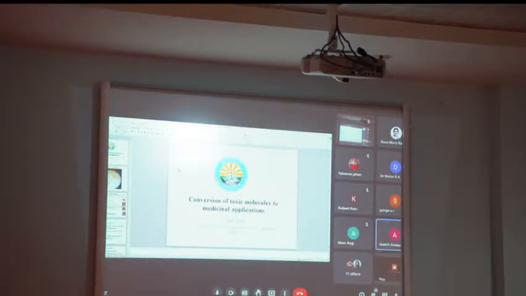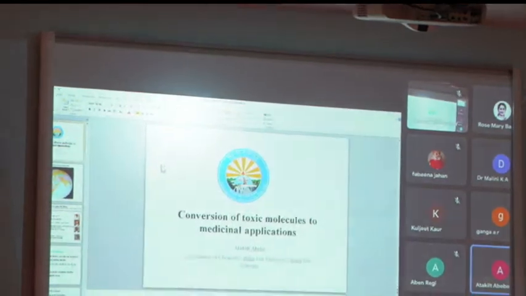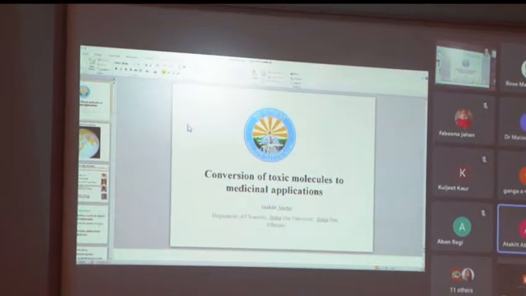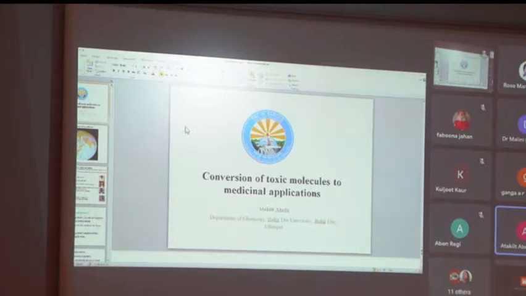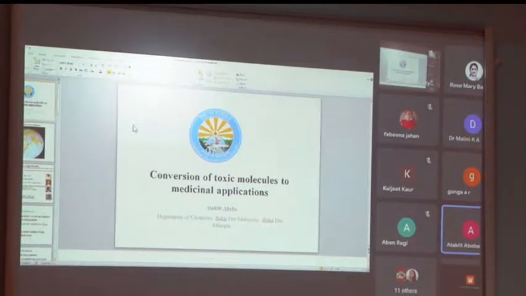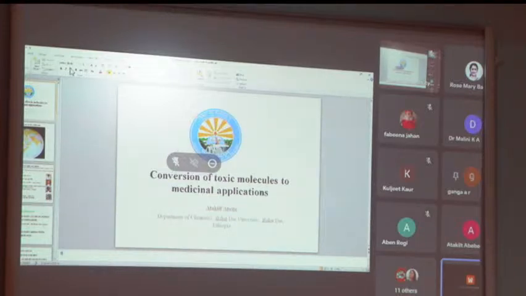Yes, F5 on your keyboard. While you do that, I'll introduce you to the audience. Is it correct now? Are you seeing full screen now? No, it is not full screen yet, but it is visible. We can see that very well. You can try.